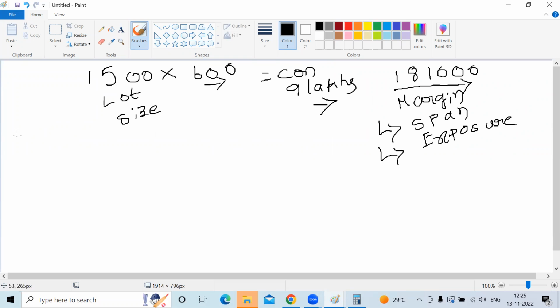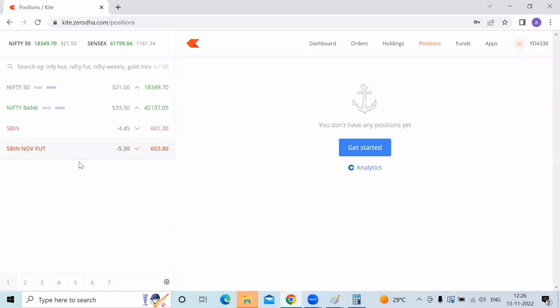If you are getting profit, suppose after you buy, see how to buy the futures. When you buy, it means that you are expecting SBI to go up. In the same way, if you sell, that means you are expecting SBI to fall down. That means when you buy the futures, if it increases for each 1 rupee, you will get 1500 profit.